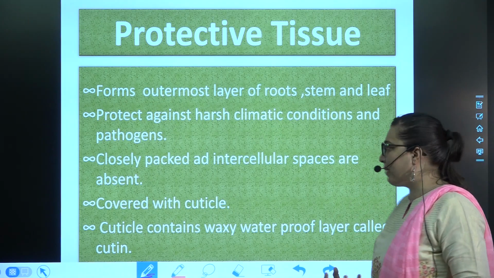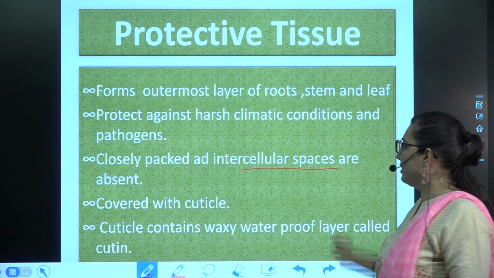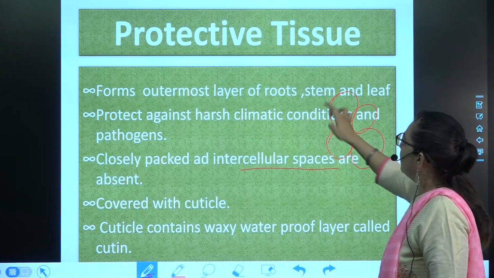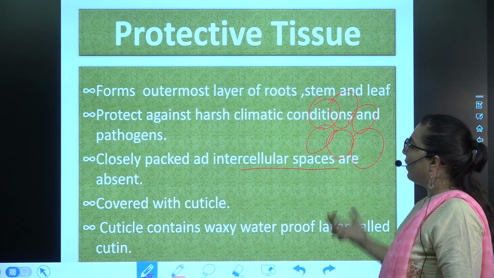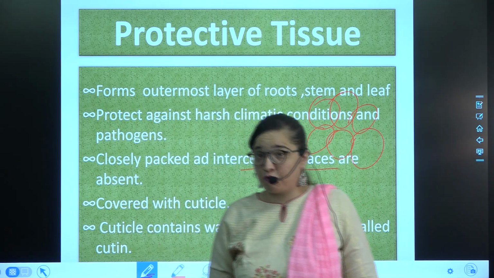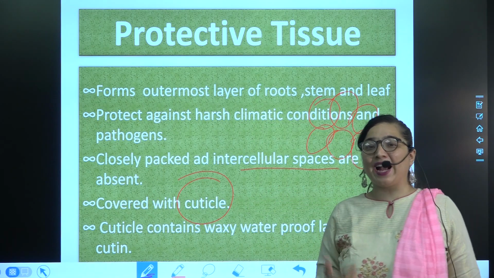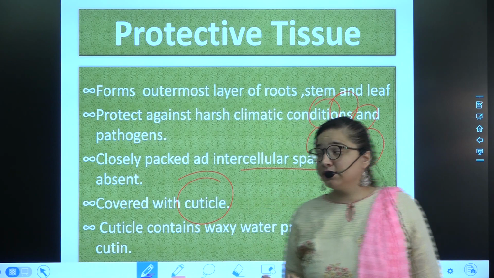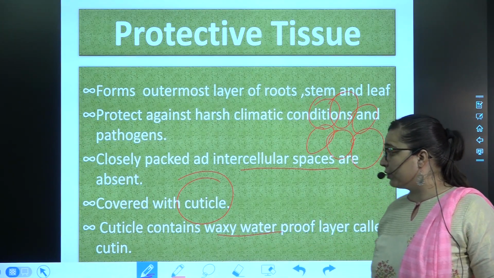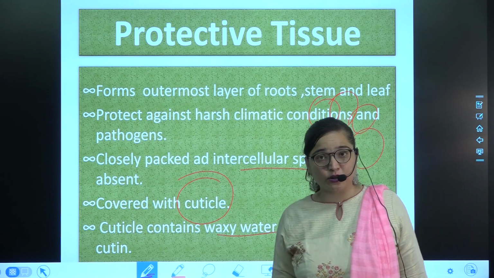They are closely packed and intercellular spaces are absent because they are very near to each other. There will be no intercellular space between them. Very close, tightly packed. What are they covered with? Cuticle. This is a new term for you. And as I stated, cuticle is the waxy layer of cutin.